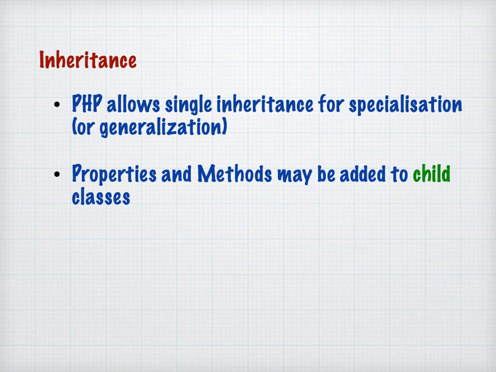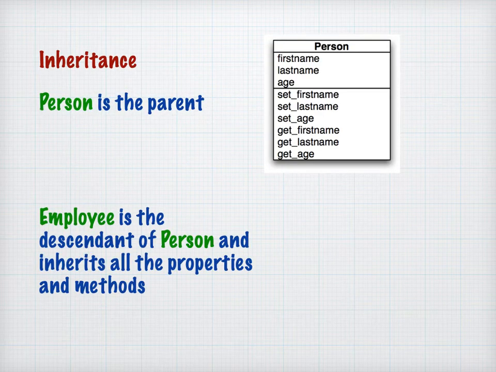In the object-oriented world, often we talk about the fact that a class inherits from another class. I think the easiest way to show you this is to do it by an example. So let's say that we have a person class.